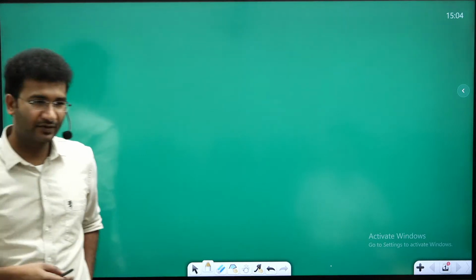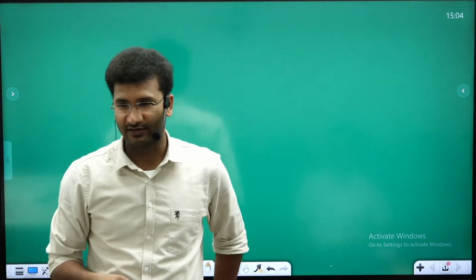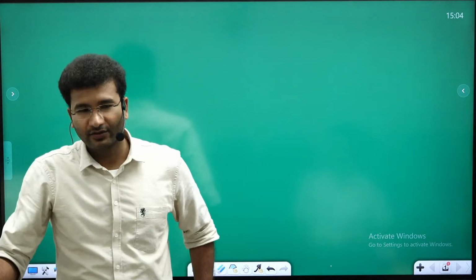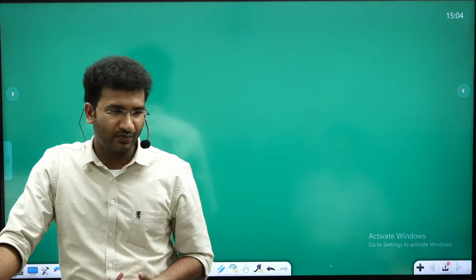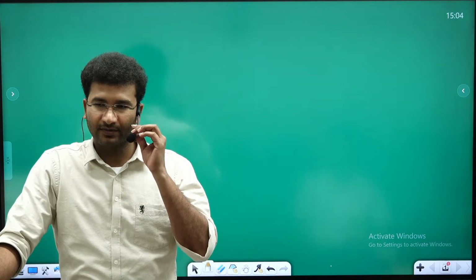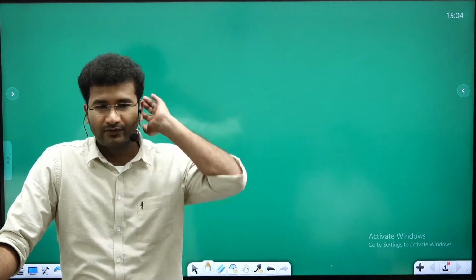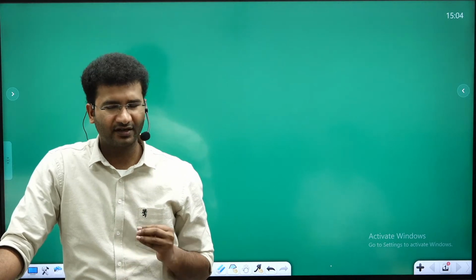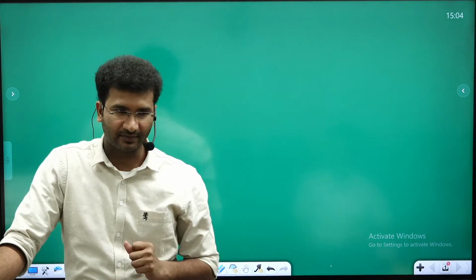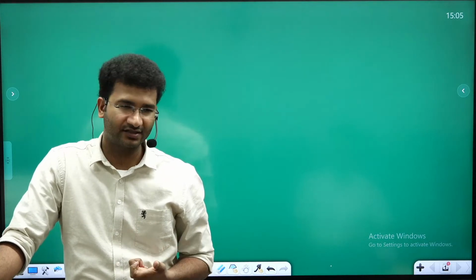So last class we were discussing the atmosphere component, the basics of climatology. Today we'll be taking up a basic component from geomorphology. Before we enter into any further topics, these are quite basic things we should know, especially the structure and interior of the earth.